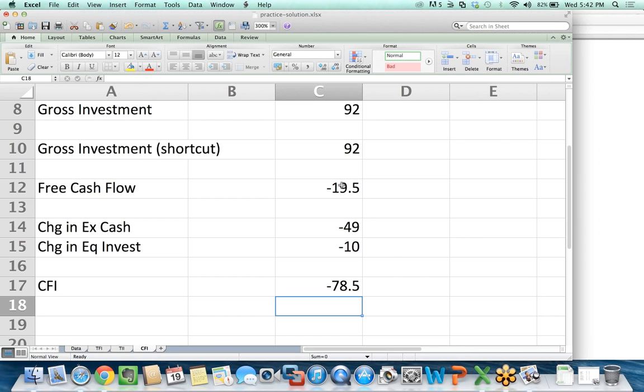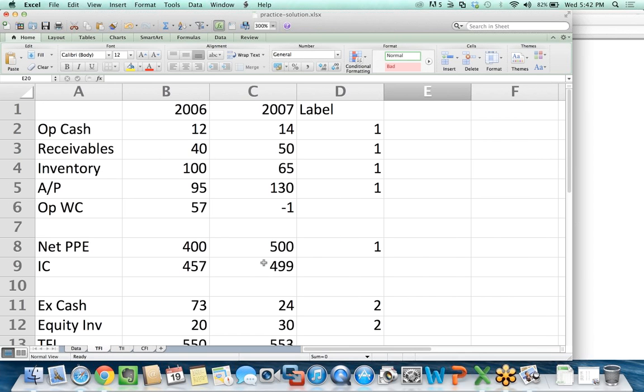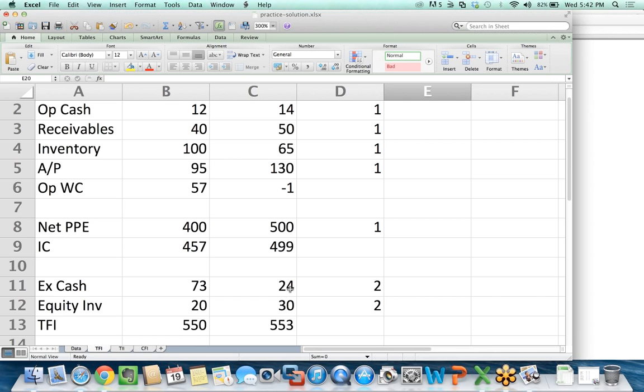Okay? So I'm using free cash flow. I'm tying up excess cash, right? Because I can clearly see that excess cash is going down. Sorry, I am freeing up excess cash. Sorry, I'm having trouble today, time zone change.